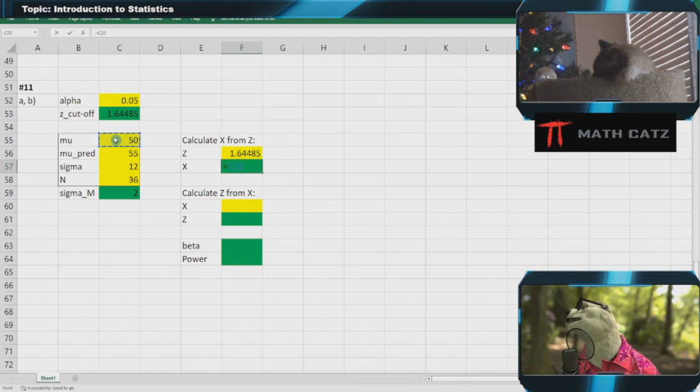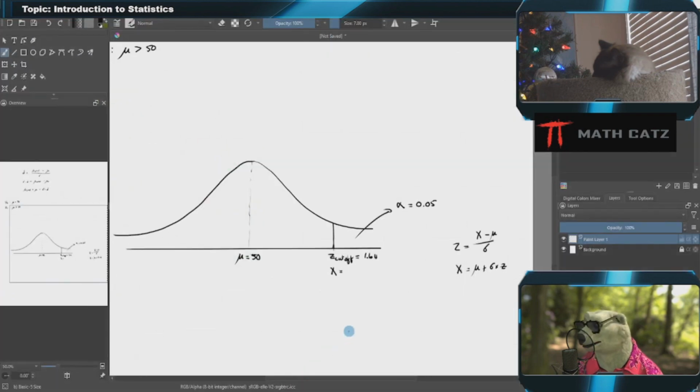Mu plus, let's just double check here. Although, remember, it is the sigma of the distribution, which is this 2, times the z-score. And we get 53.3-ish.